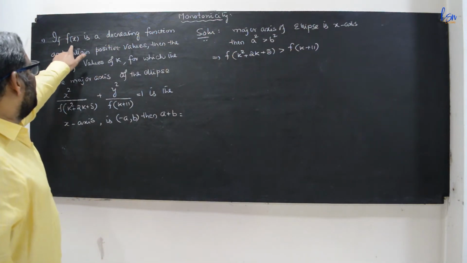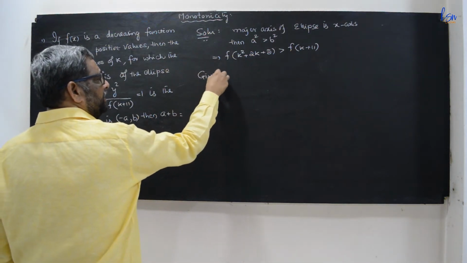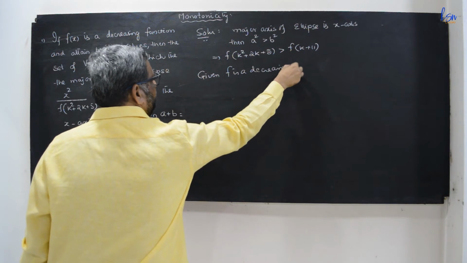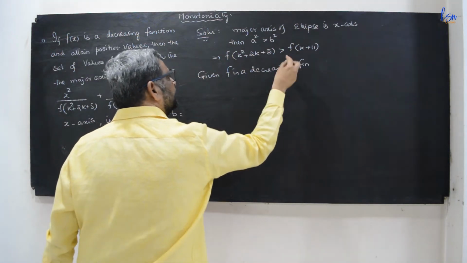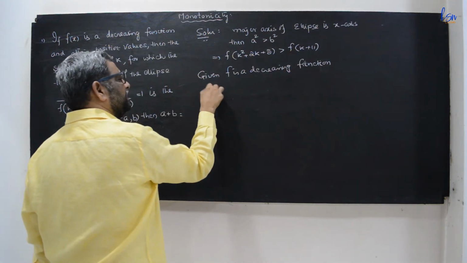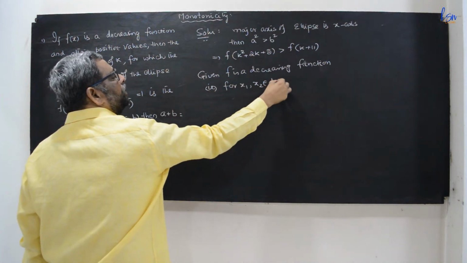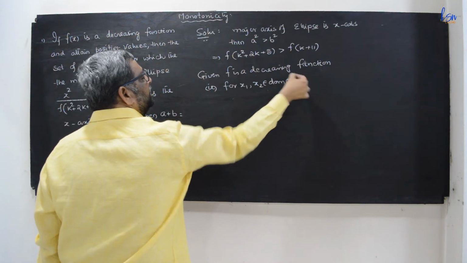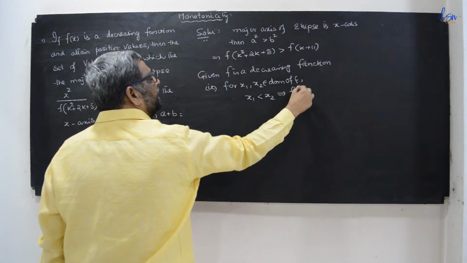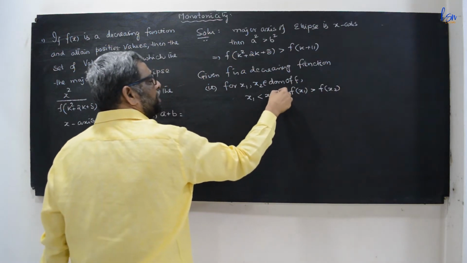Now, it is given that f is a decreasing function, that is, for x1, x2 belonging to the domain of f, x1 < x2 implies f(x1) > f(x2), and also vice versa.